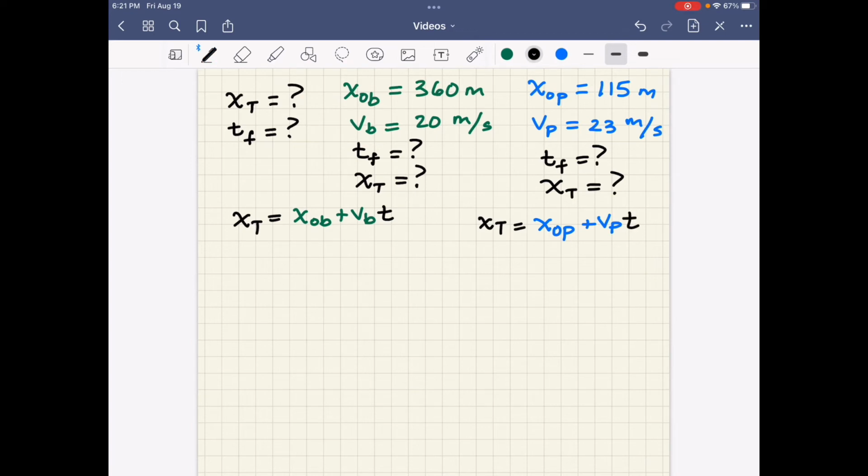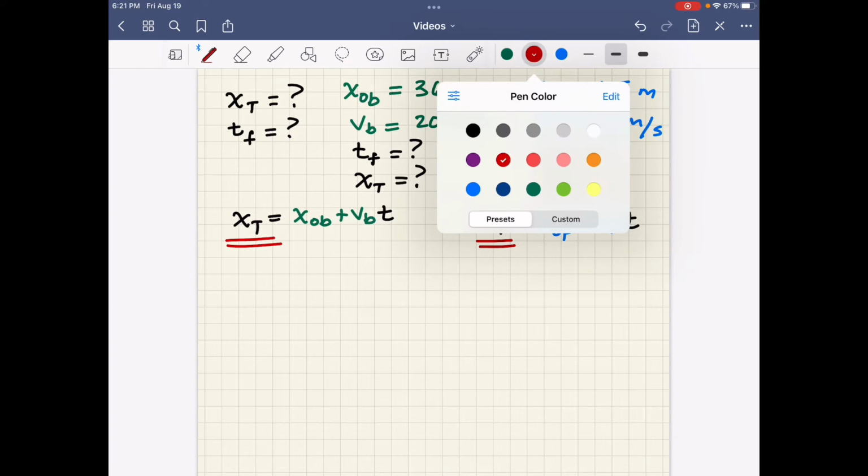Now, what we should do is solve for time. So these two equations are both equal to x sub t, so we can set them equal to each other. Now I'm going to use black from now on.